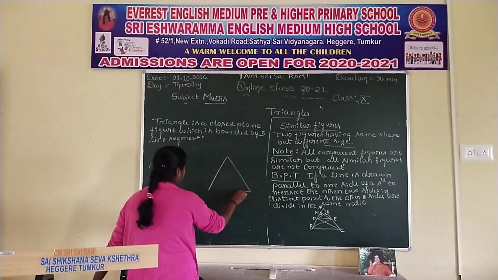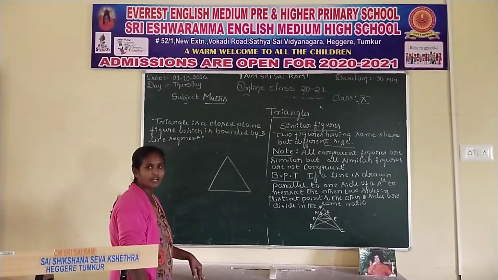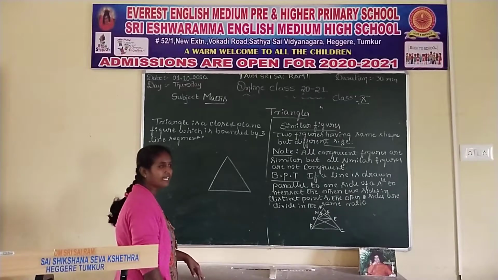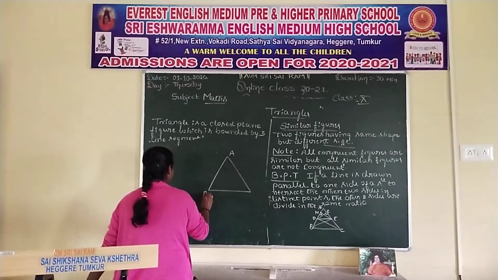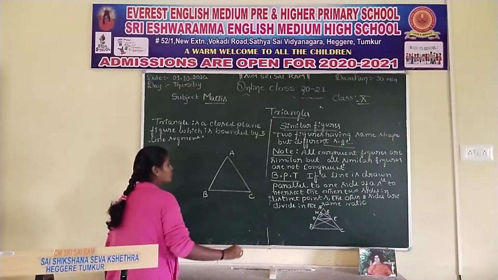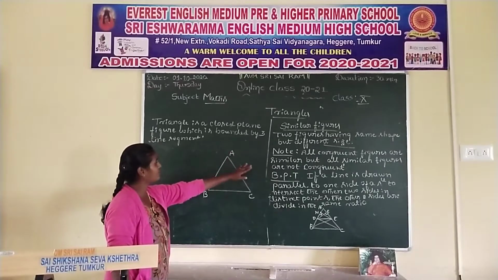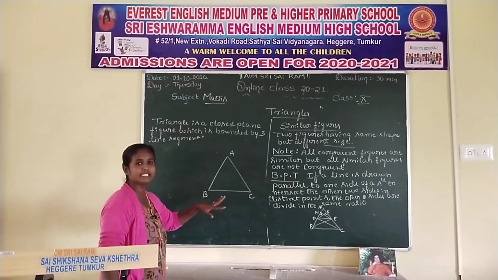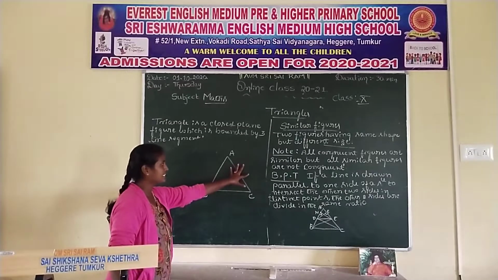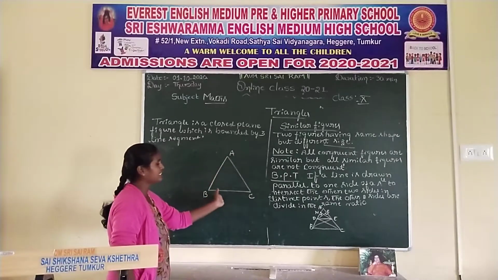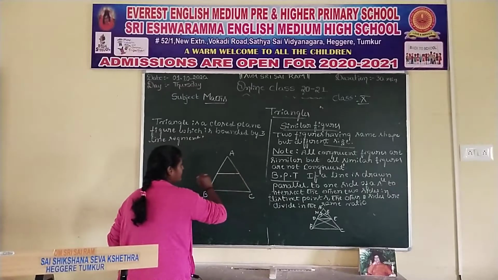You take a triangle ABC. You draw a line parallel to any one side of the triangle. We have three sides of a triangle, AB, BC, AC, and you draw a parallel line to any one side.